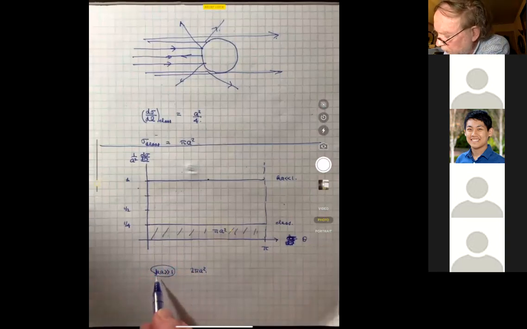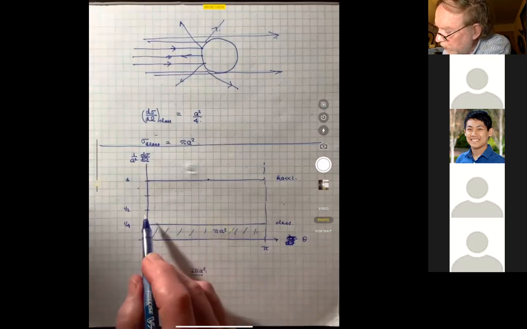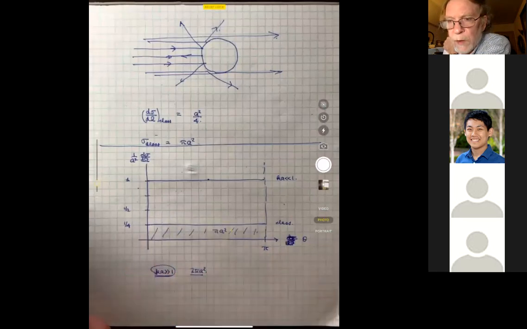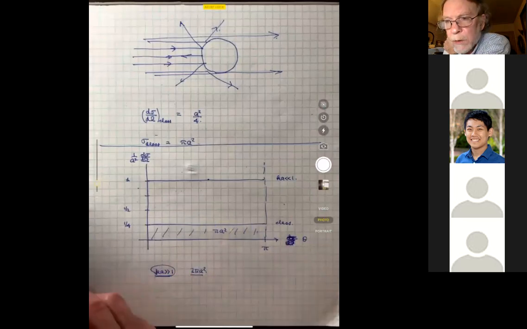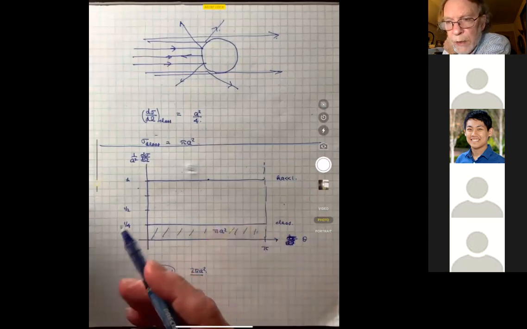So in the large Ka limit, the short wavelength limit, we have twice as much cross-section as we ought to have. And the question is, how is it distributed in angle? This extra cross-section, is it uniformly distributed in all angles, or does it have an angular dependence?